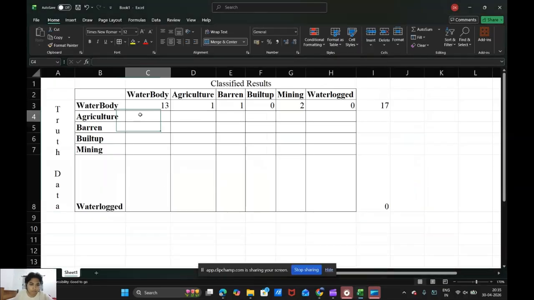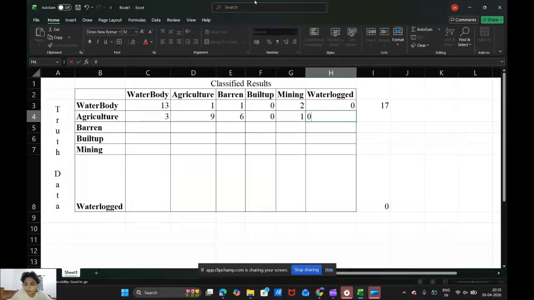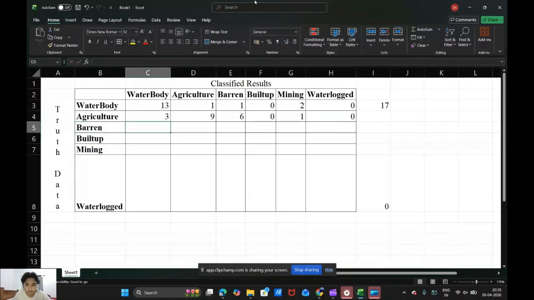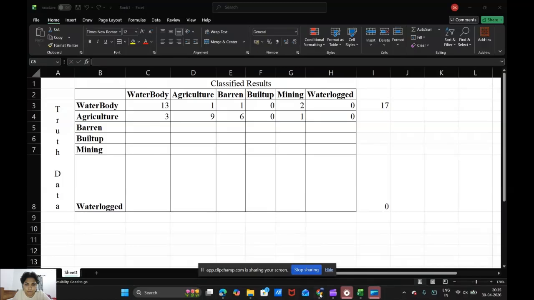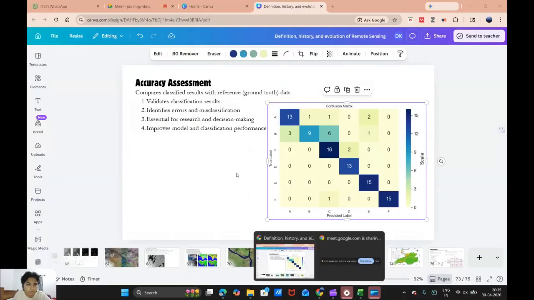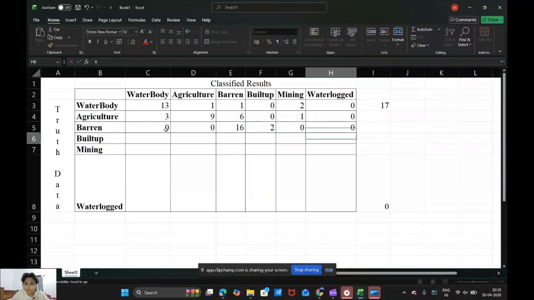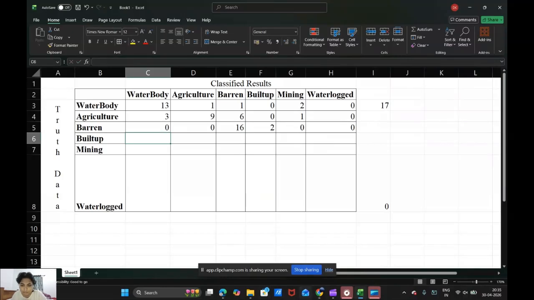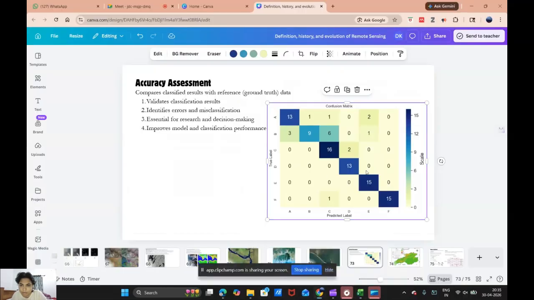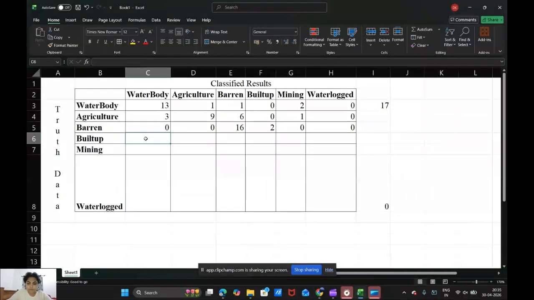3, 9, 6, 0, 1, 0. Next we have 0, 0, 1, 6, 2, 0, 0. Then 0, 0, 0, 13, 0, 0. It just struck me now that maybe we can do a hands-on.